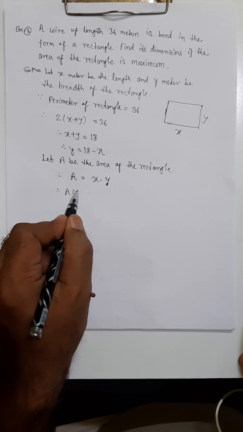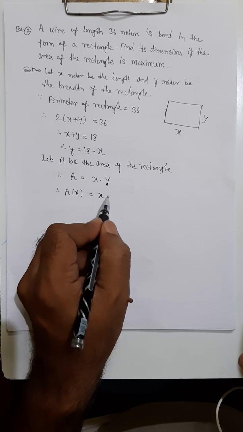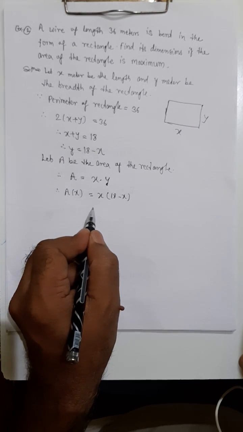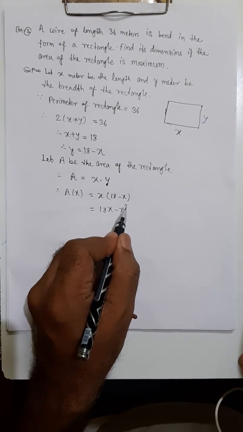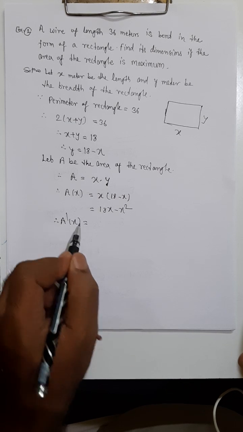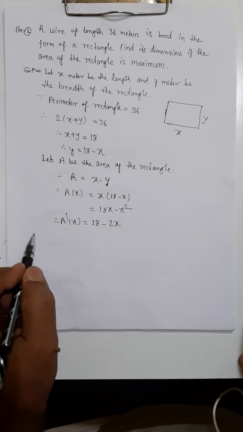So A becomes a function of x if we replace y by the value 18 minus x here. Y is 18 minus x, and we get this function. Simplify: 18x minus x square. Next, find the first order derivative. Derivative of 18x is 18, derivative of minus x square is minus 2x.